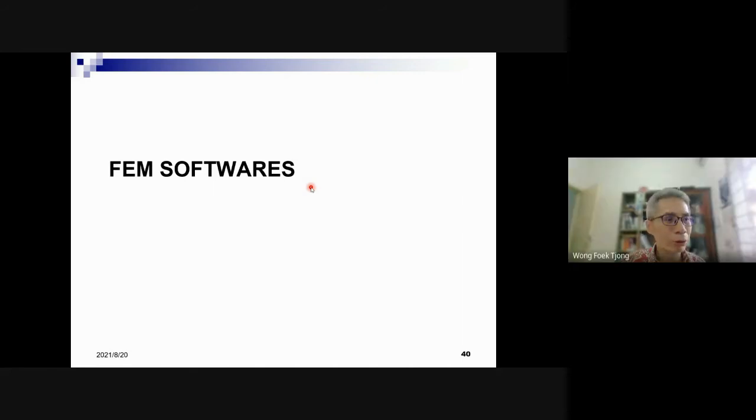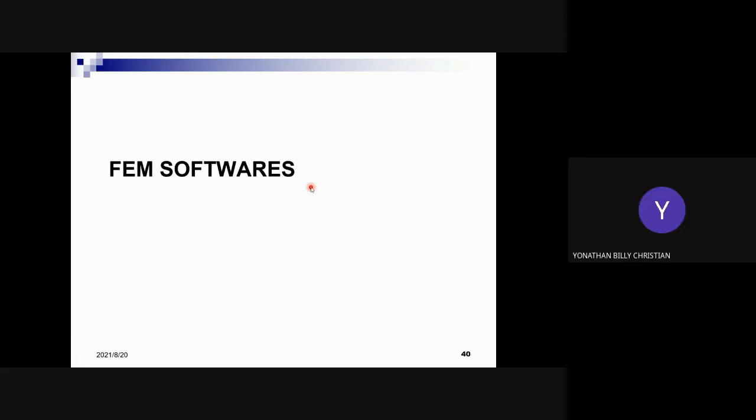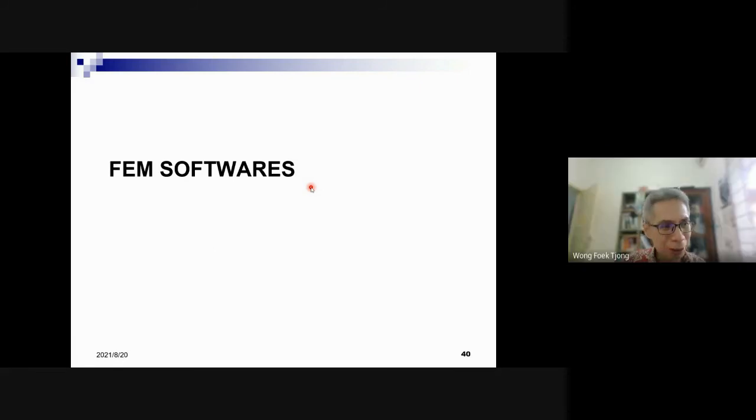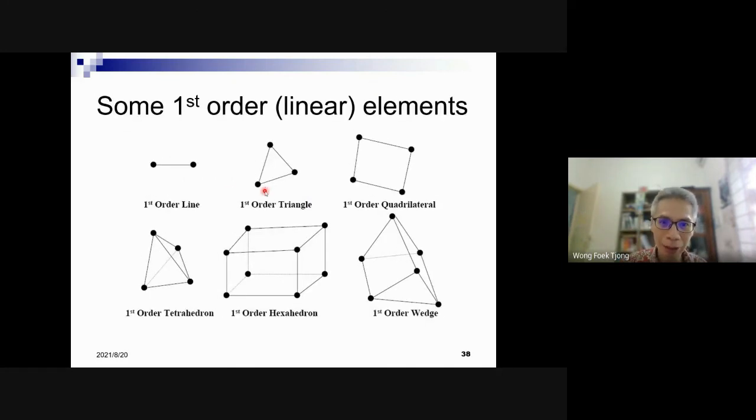So your question is how to model a curve-like structure, right? It depends on the software. If the software only has straight line elements, for example linear elements, we have no choice. We have to model the curved shapes using just polygons.